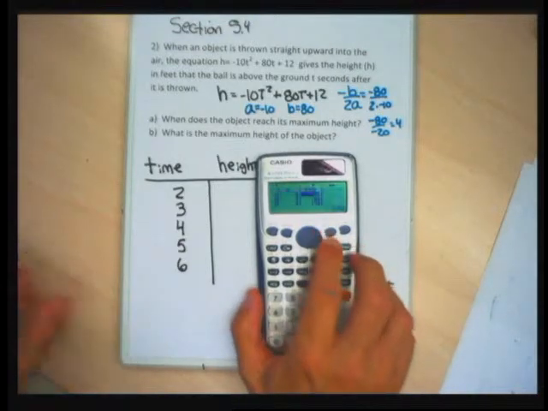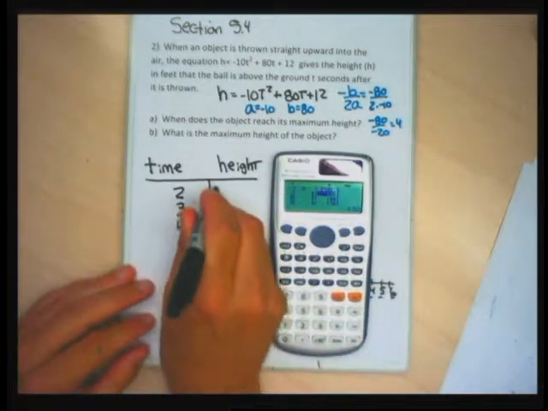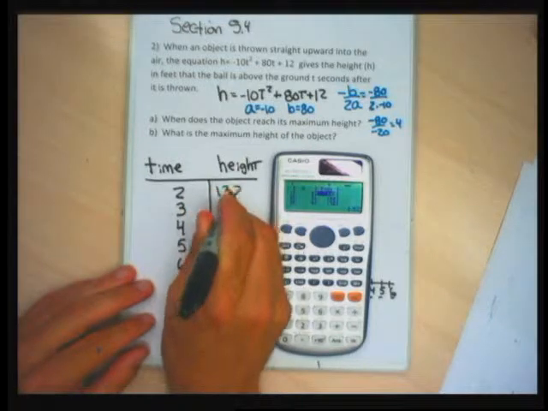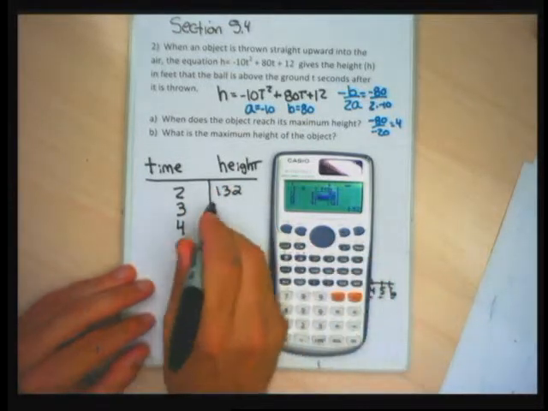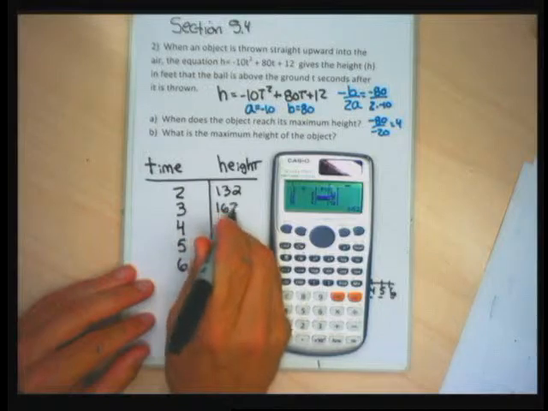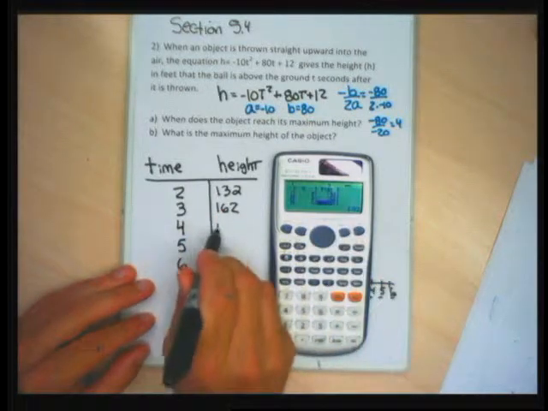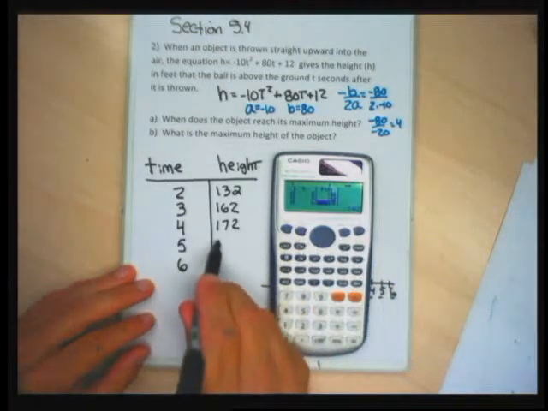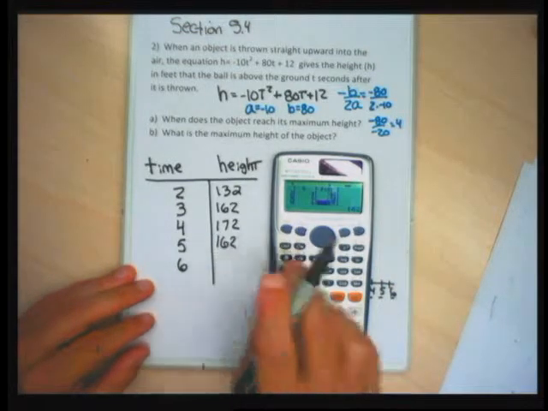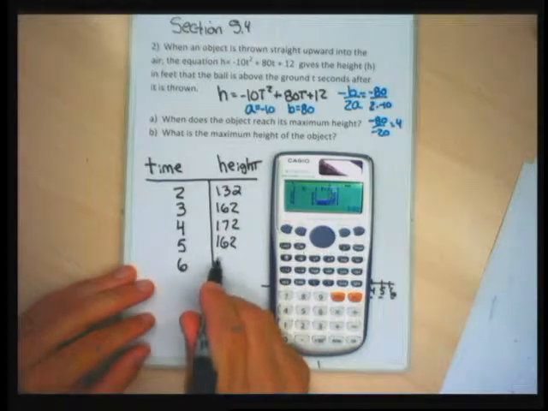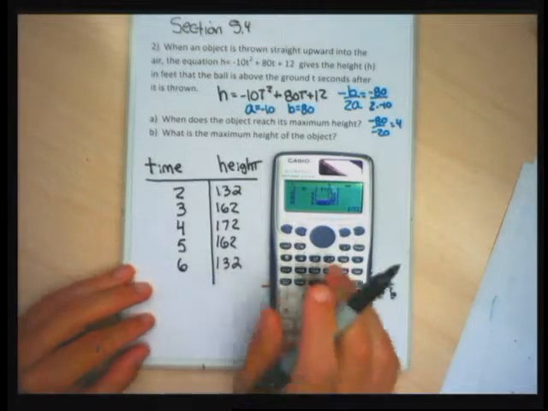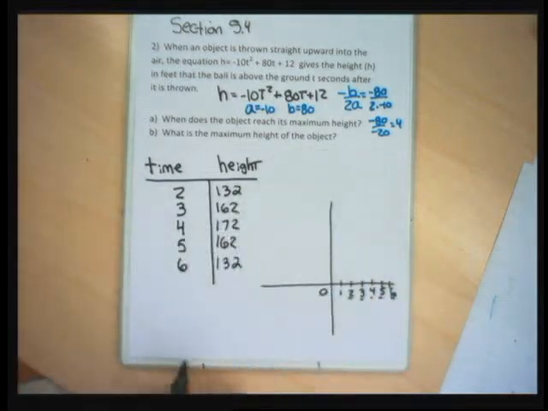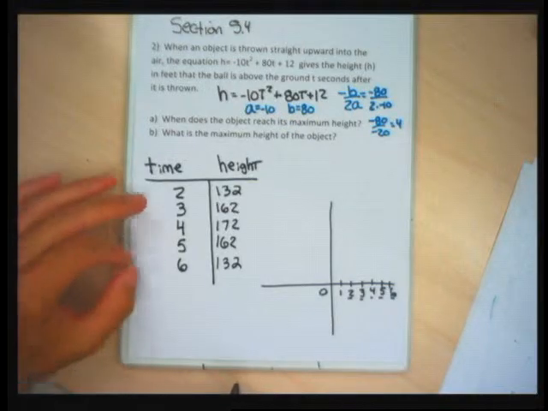And so I'm going to fill the numbers in and then tell you what they represent. So 132, 162, 172, 162 again, and 132.